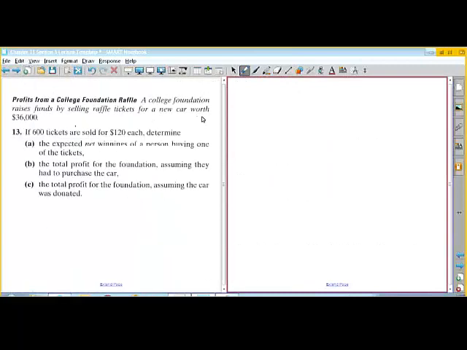So this is problem 13 in your book. And it says expected net winnings. So we'll say expected net winnings.